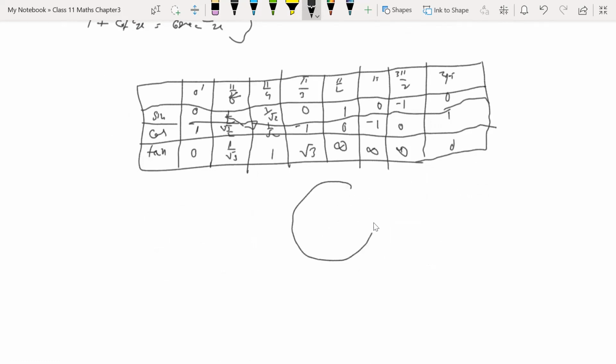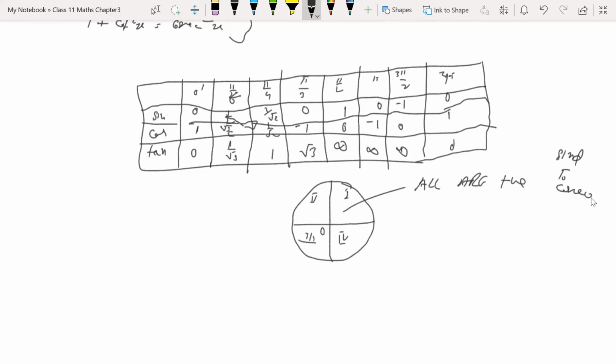Let's draw a circle. There are 4 quadrants. This is the first quadrant, second quadrant, third quadrant, fourth quadrant. I will show that in the first quadrant all are positive, means sine to cosecant, all are positive.